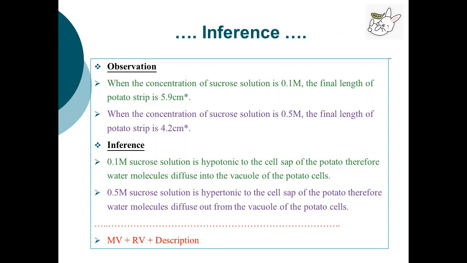The second inference corresponds to the second observation. It tries to explain why the final length of the potato strip is much shorter than the initial length, by relating to the 0.5 M sucrose solution being hypertonic to the cell sap. Then the water molecules diffuse out from the vacuole.